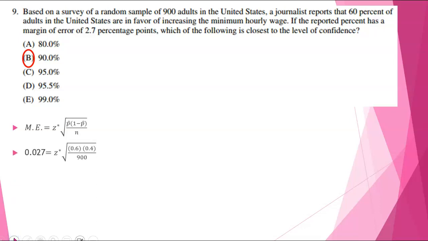So if we fill in what we know, the margin of error is 0.027, that's that 2.7%. We don't know our critical value, but we can find our margin of error as 0.6 times 0.4 over 900, and we square root that. If we solve for z, we're going to divide out that square root of 0.6 times 0.4 over 900, and we end up with z equals 1.653.